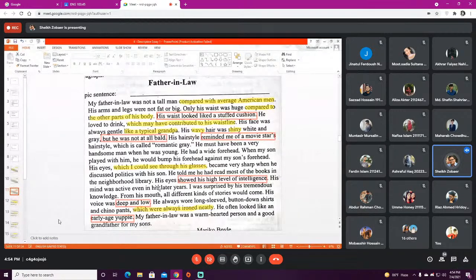But instead of using this very common expression, you can go for a little bit of creativity and do it like this. His eyes showed his high level of intelligence. So the basic concept here, the common expression here, is he is an intelligent person. You're just saying it in a different way to stand out from the crowd.